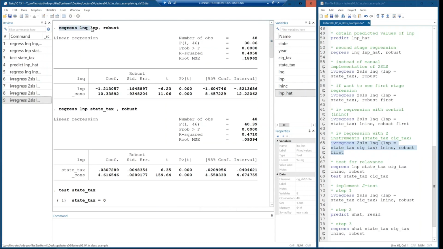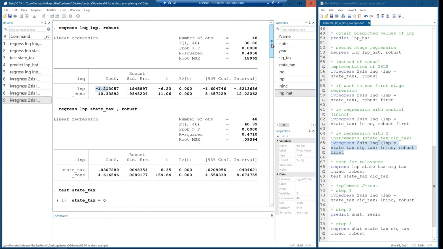We just regressed the logarithmic transformed quantity on the logarithmic transformed price, and we got a result here of negative 1.21 on the log price, which means that the bias in this regression was such that it did not affect the causal effect by much.